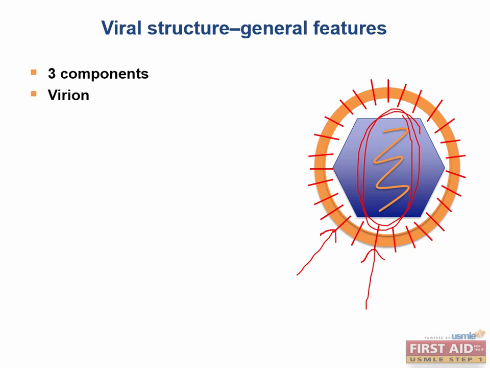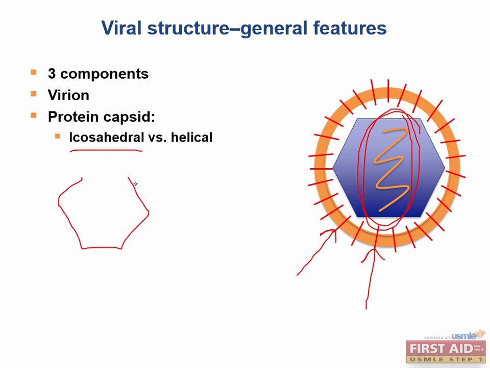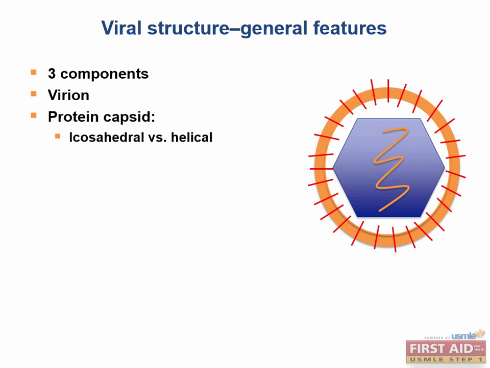All of these three components together is known as the virion. The protein capsid can take one of two shapes. It can be icosahedral, think of it as looking like this, or helical, which you can imagine looks like a helix, like that. The protein capsid has a number of important functions, but I want to focus on two.